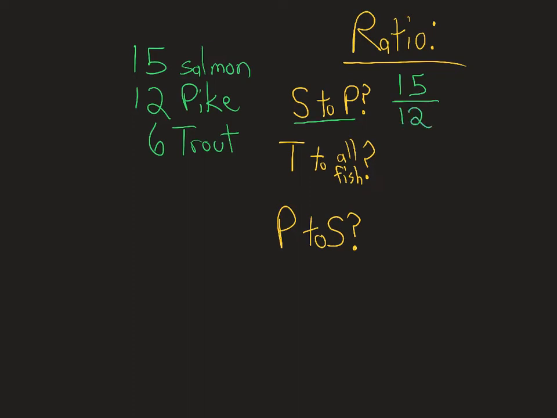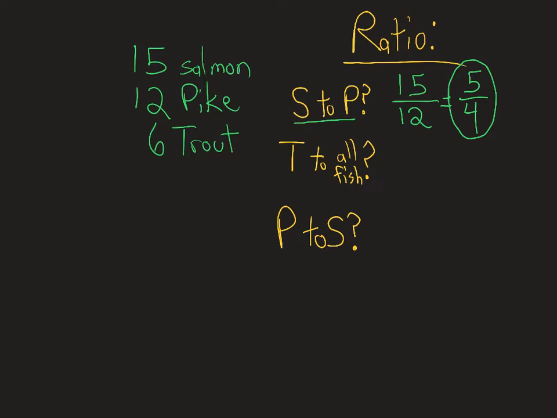Now, that's the start, but I want to reduce that and be able to see what the reduced ratio is. I see there's a common 3, so if I divide out that 3, I get 5 to 4.